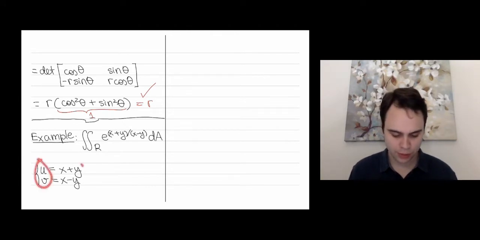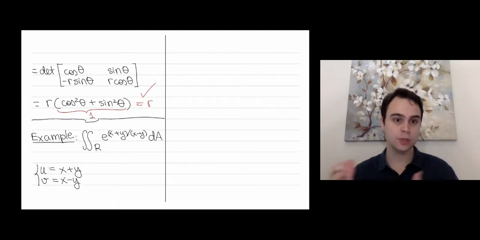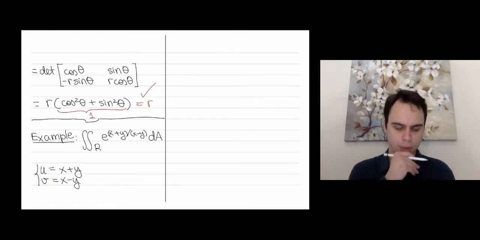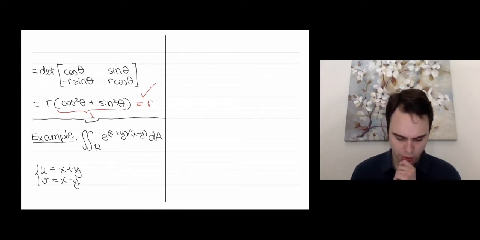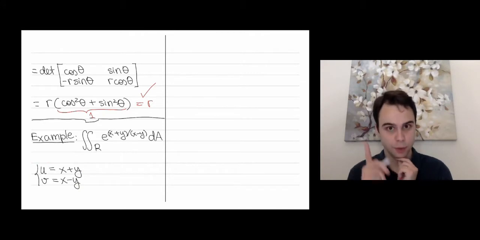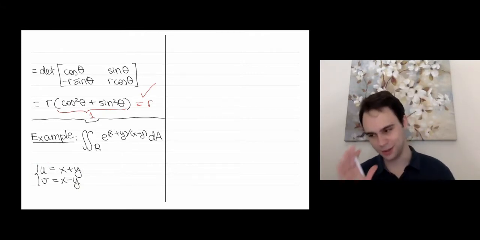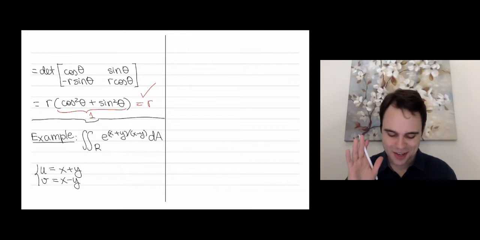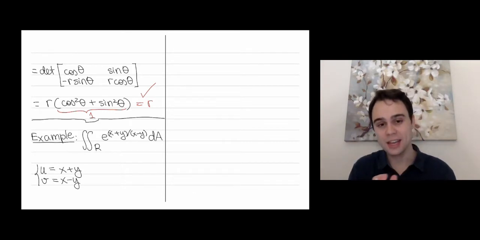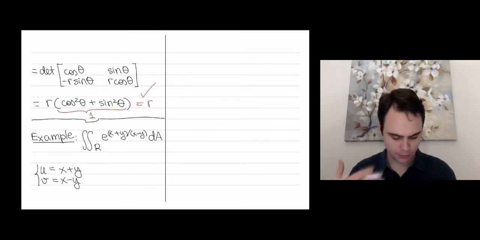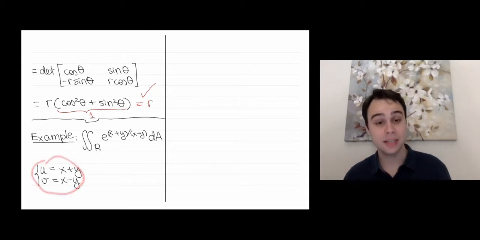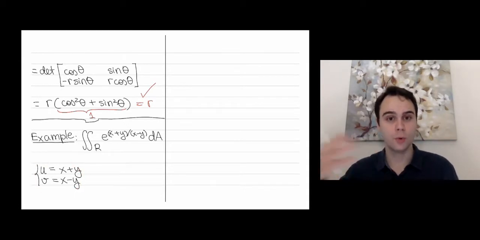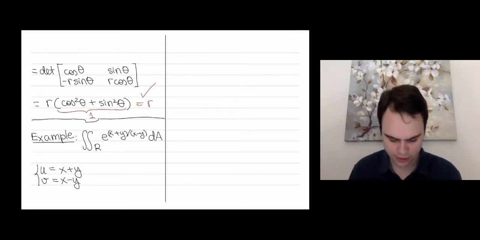These are two other numbers, and I can also use those two numbers to identify my point. These two functions are independent. If you know u and v, you can figure out x and y. That's the test for new coordinates: when two functions give you a coordinate system.